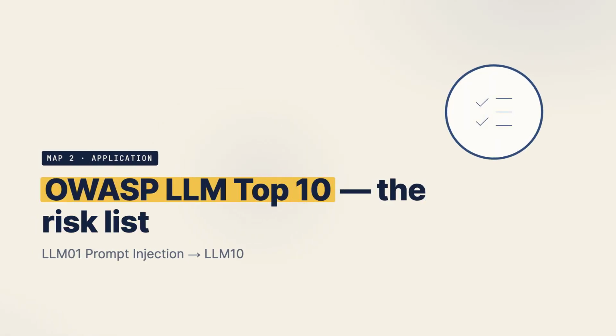The second map is the OWASP Top 10 for LLM applications, the 2025 edition, the application risk list. Where ATLAS thinks like an attacker, OWASP LLM thinks like a builder. The 10 risks most likely to bite an LLM-powered app.